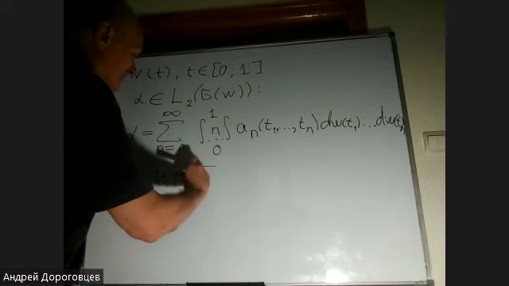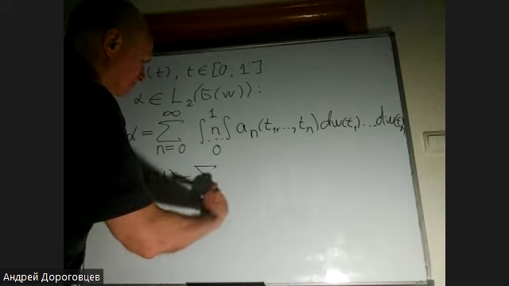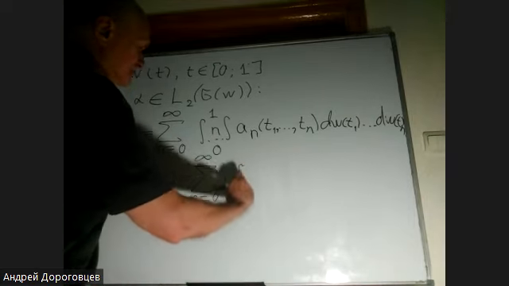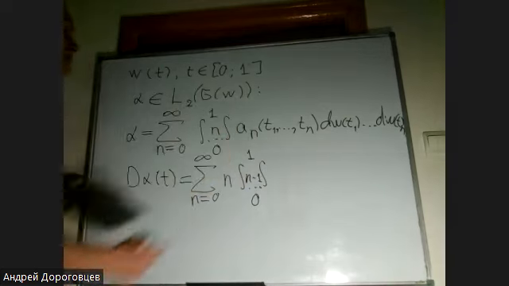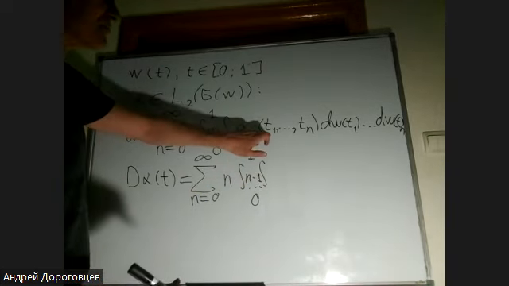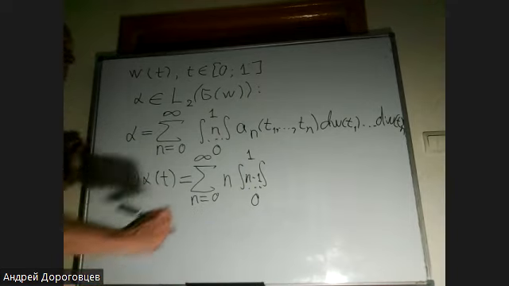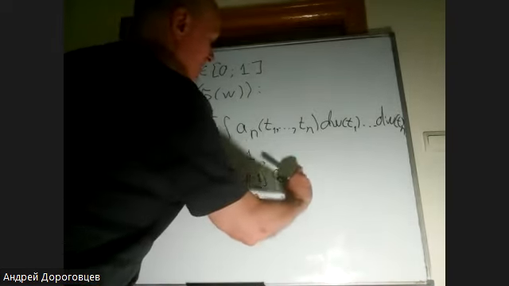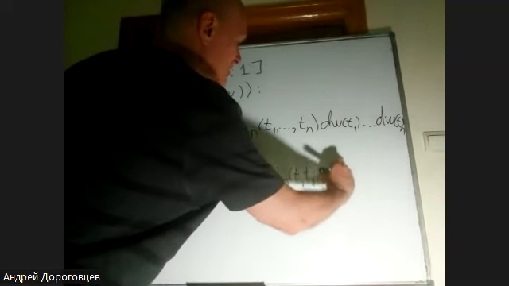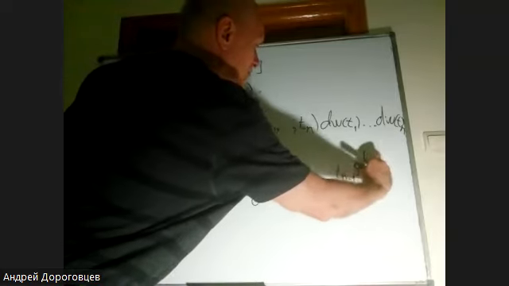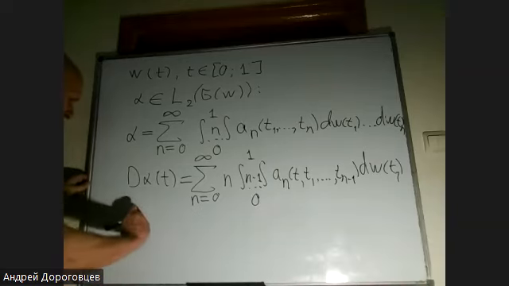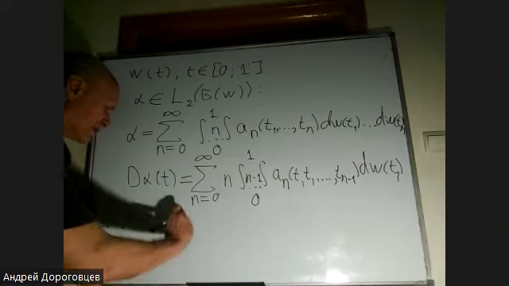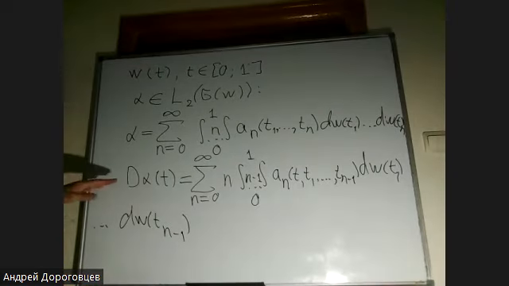This is a sum which can be obtained from the previous series, just taking one variable as the variable t, an(t, t1, ..., tn-1) dW(t1) ... dW(tn-1). The stochastic derivative of the random variable alpha is a random function.